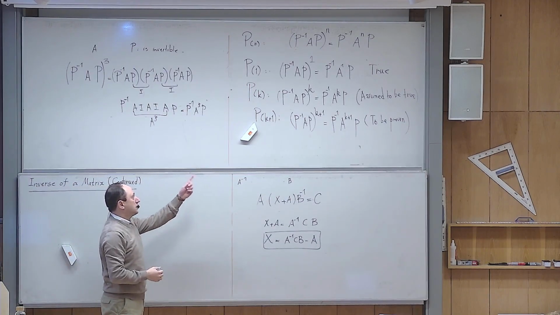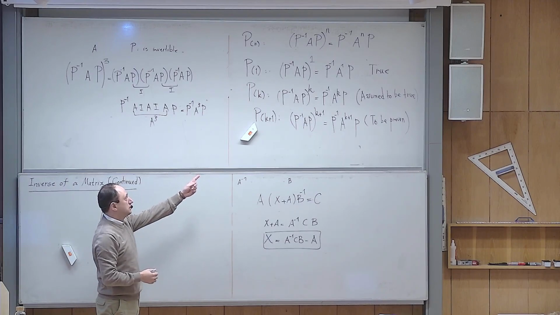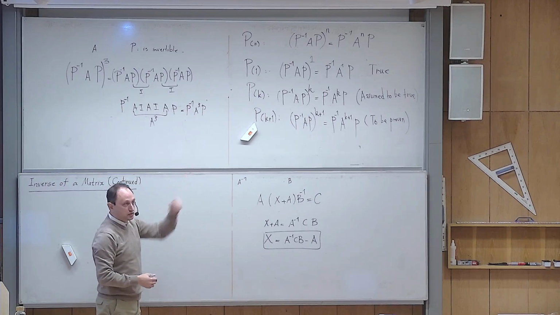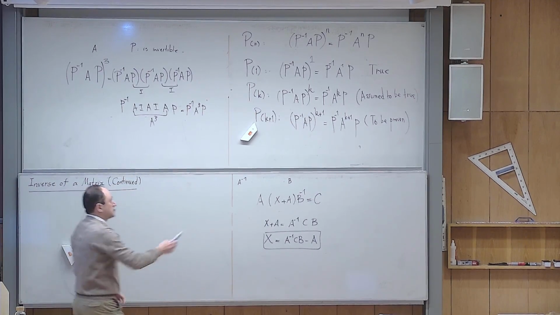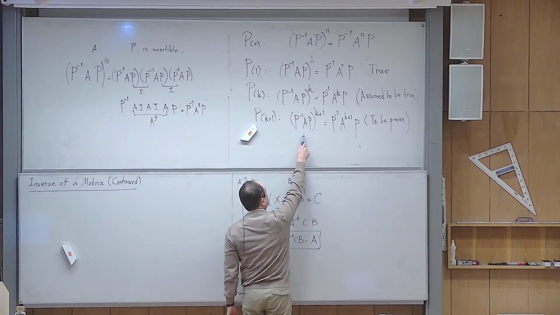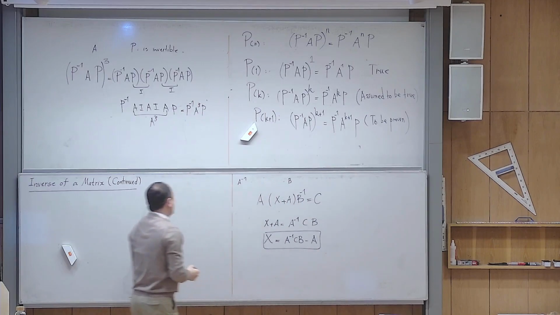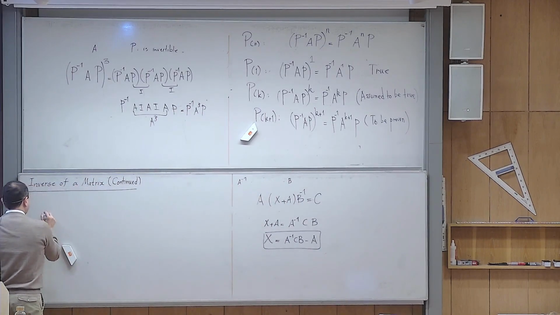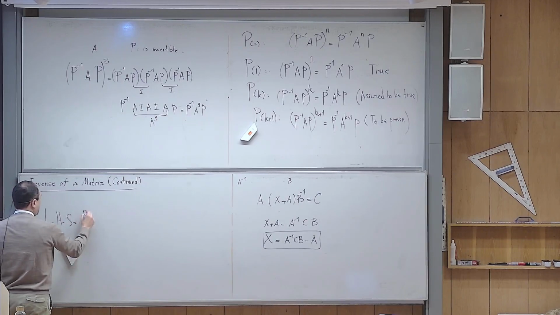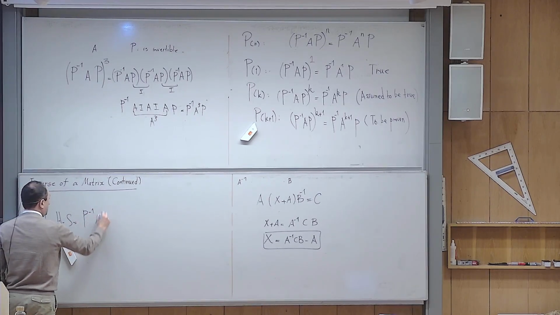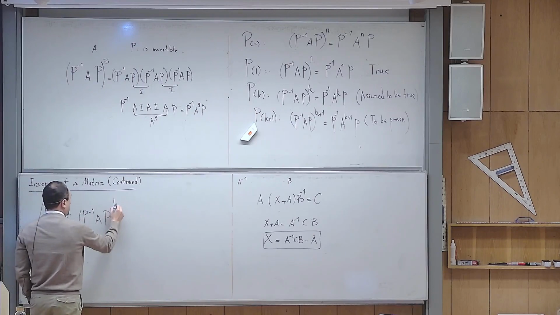So it might be a good idea if I start from the left-hand side and use my assumption to reach the right-hand side. So I start from the left-hand side and show it is equal to the right-hand side. How should I do that? The left-hand side is equal to P minus 1 A P to the power of k plus 1.